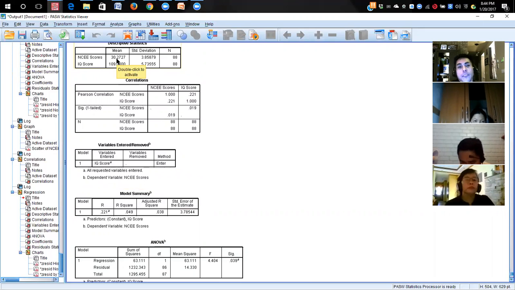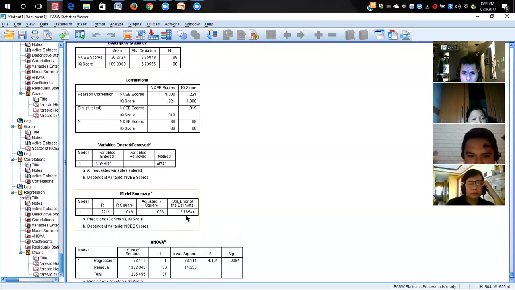If you repeat the same study and your mean is no longer 30.27, your standard error of the estimate will no longer be 3.78. So this standard error of the estimate is very dependent on the mean score of the NCE, because the mean score is the parameter being used by the regression model for this particular sample.